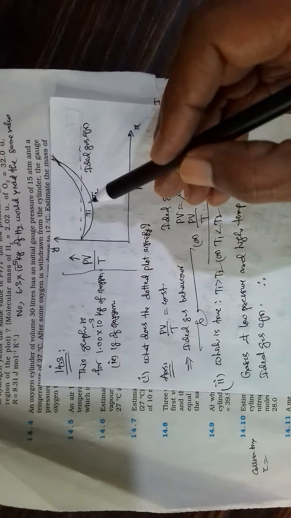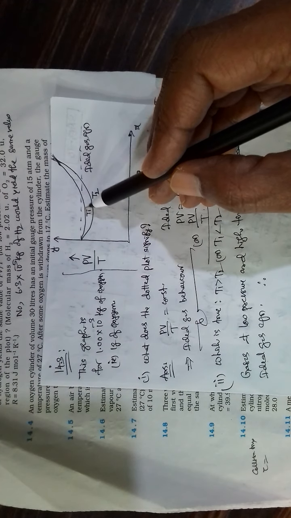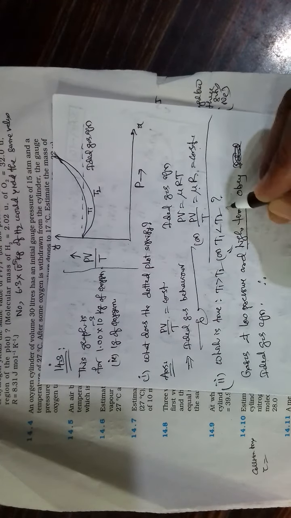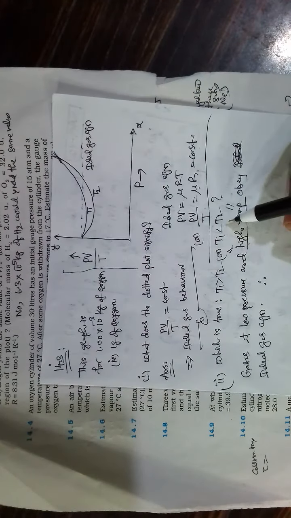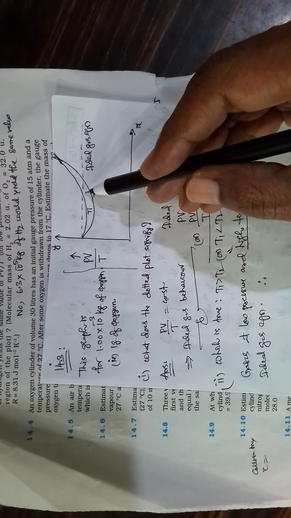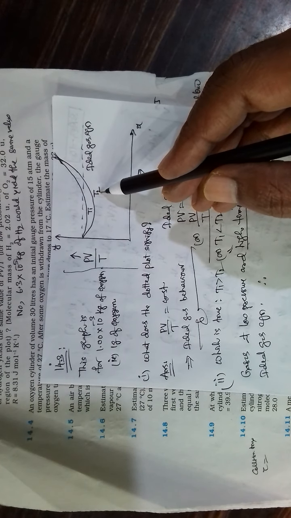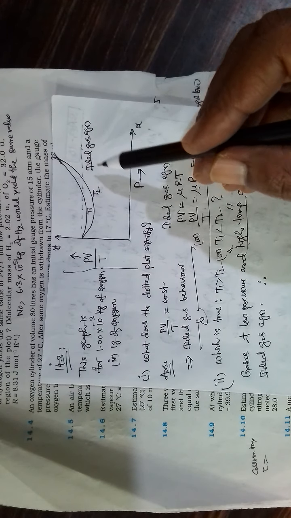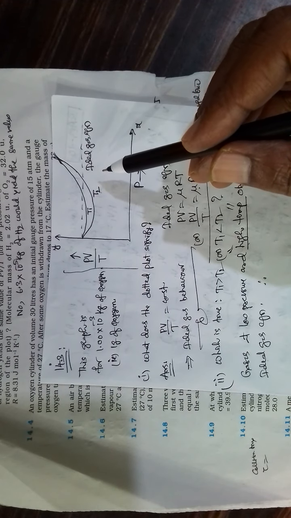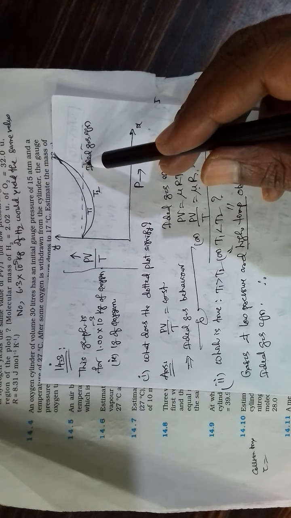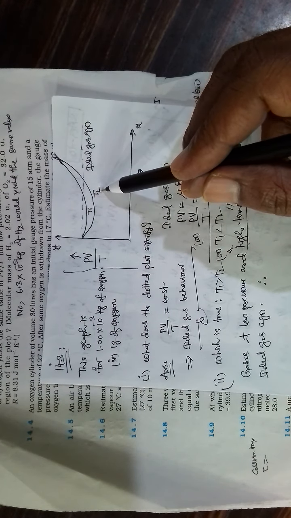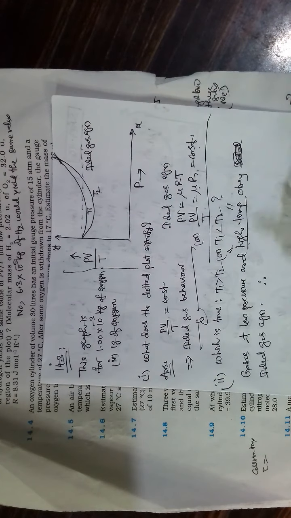Therefore, since this curve is closer to ideal gas, T1 will have high temperature because T2 is far away from ideal gas. So at high temperature only the curve will be closer to the dotted plot. So compared to T2, T1 is higher.